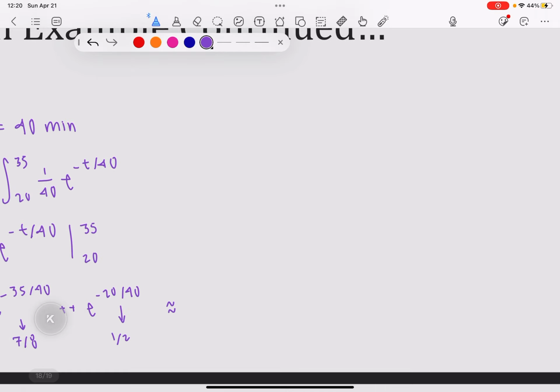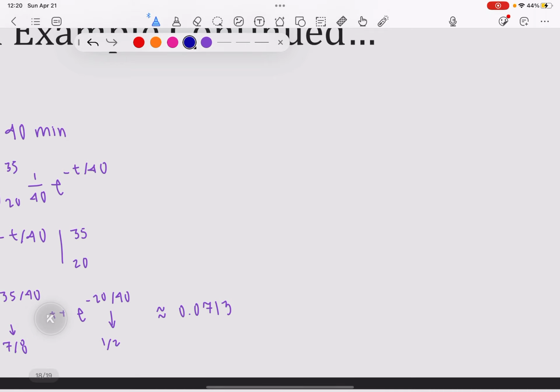So once I plug that into my calculator, I'm going to get 0.0713. And then at this point, we should know that this is going to give us a 7.13% chance.